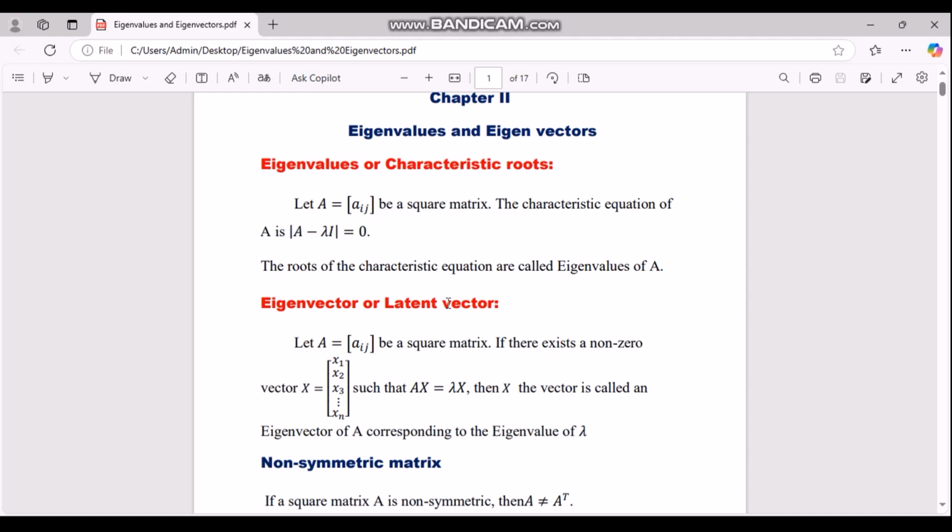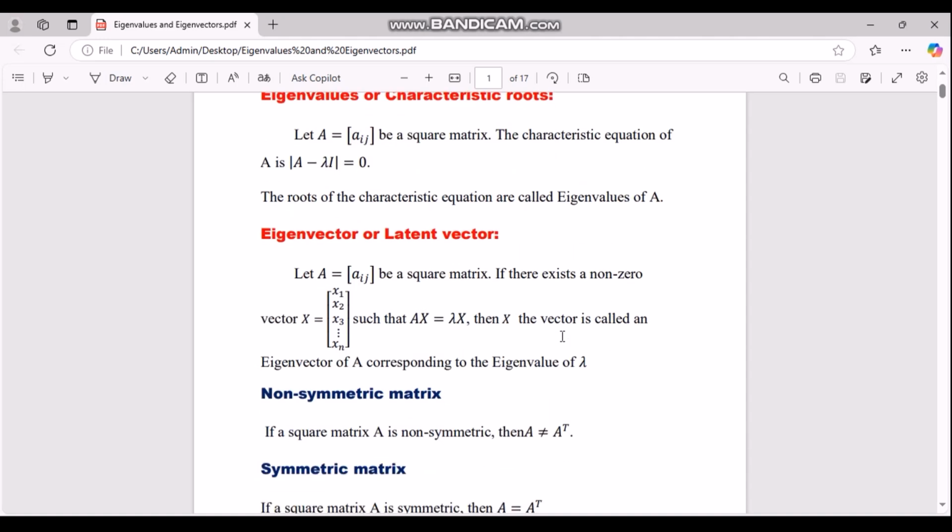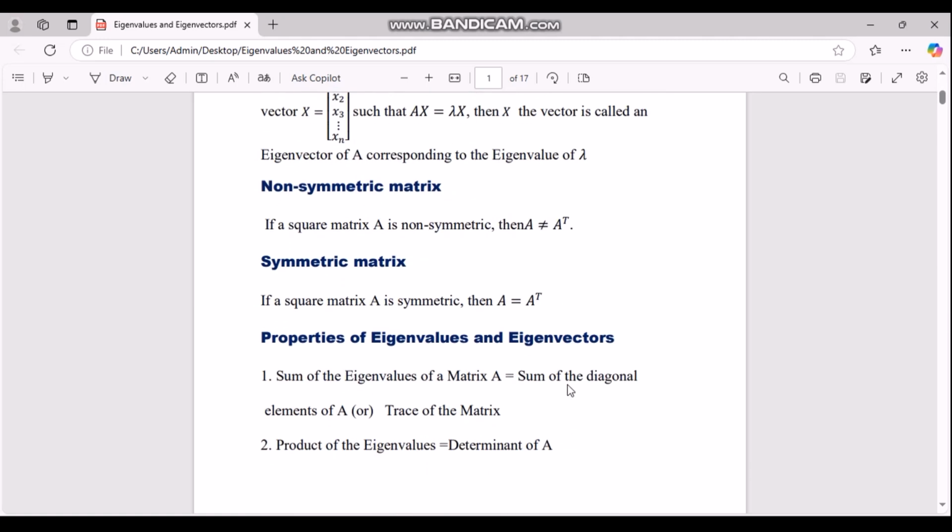When it is a 2 by 2 matrix, we get 2 roots, and when it is a 3 by 3 matrix, we get 3 roots, right? These roots are called the eigenvalues, and corresponding to each eigenvalue, you can find the eigenvectors. The eigenvectors for distinct eigenvalues are pairwise orthogonal.